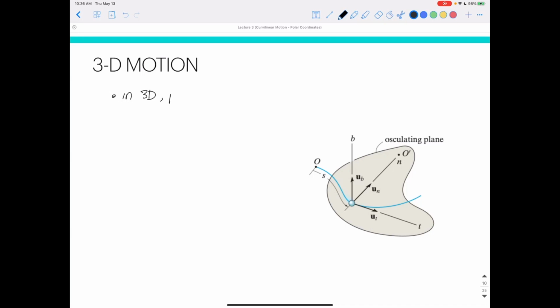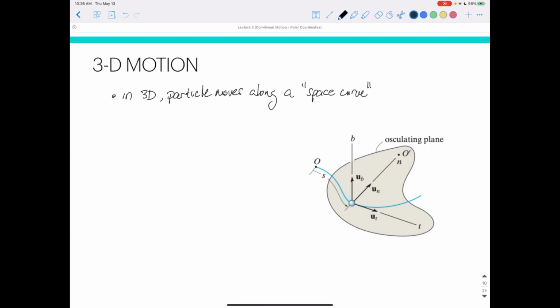So in 3D, the particle moves along a space curve, we'll call it.